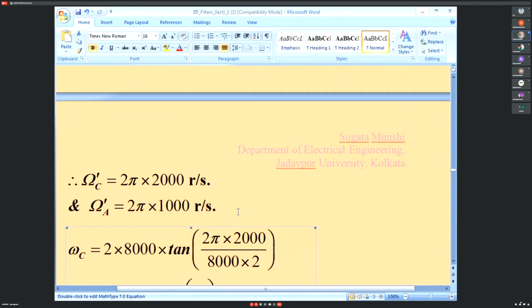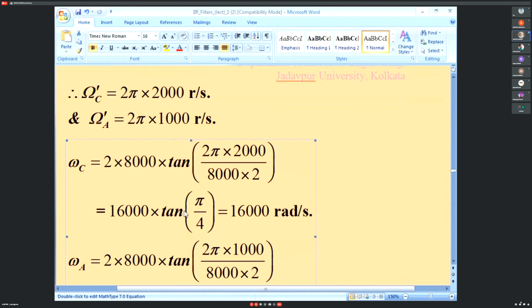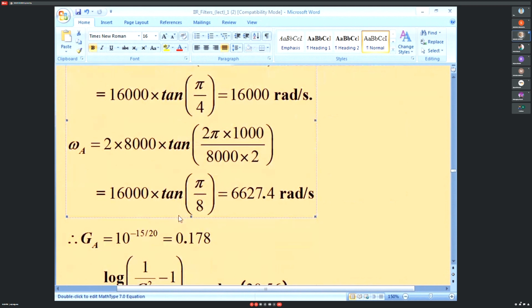The stop band edge for the digital filter is 2 pi into 1000 radians per second. For the analog filter to be discretized, it will be 16,000 as before, into tan of pi by 8, which is 6627.4 radians per second.